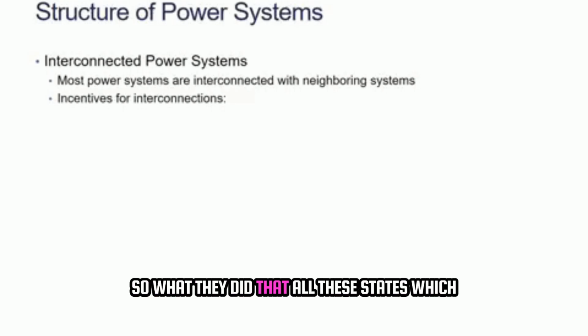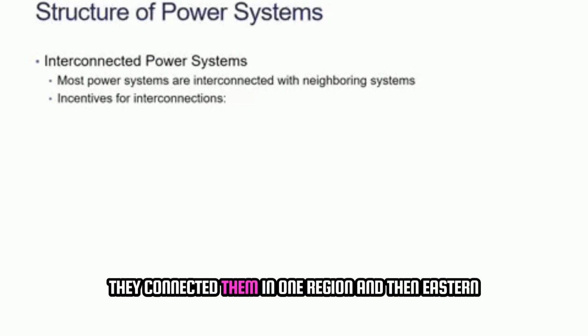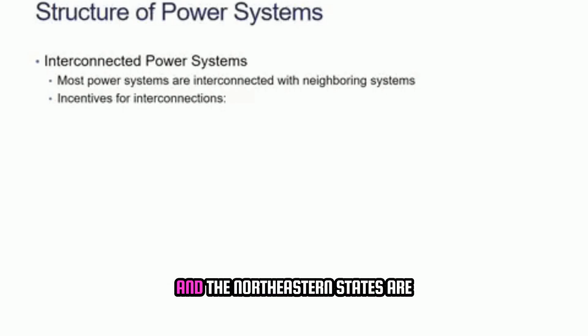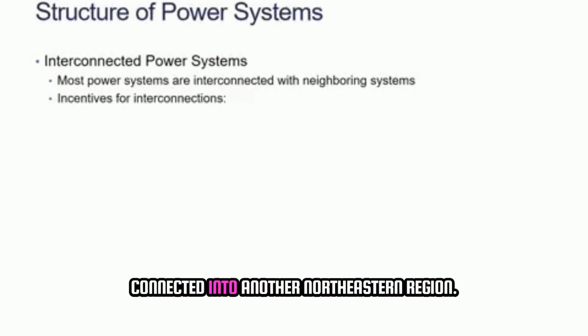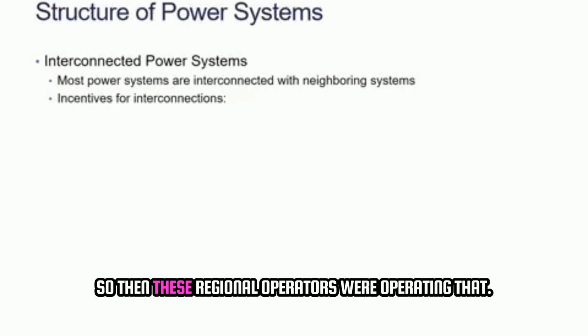So what they did was, all the states in the northern part of India were connected in one region, then the eastern part in one region, the western part in one region, the southern part in another region, and the northeastern states were connected into another northeastern region. Then these regional operators were operating the systems.